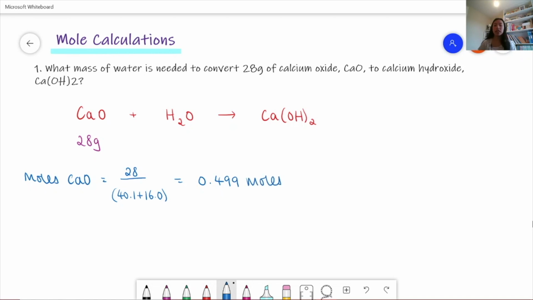And now we use our equation to compare the ratio of all of our substances. So we have 0.499 moles of calcium oxide, and from the equation, one mole of this calcium oxide reacts with 1 mole of water.